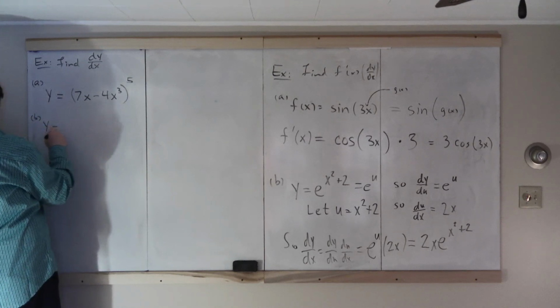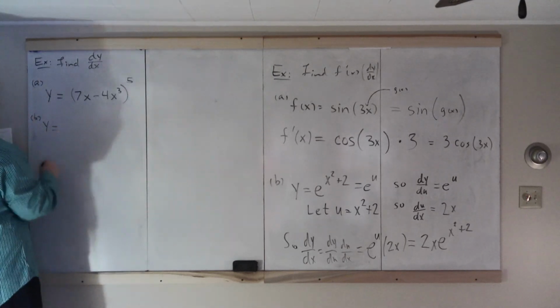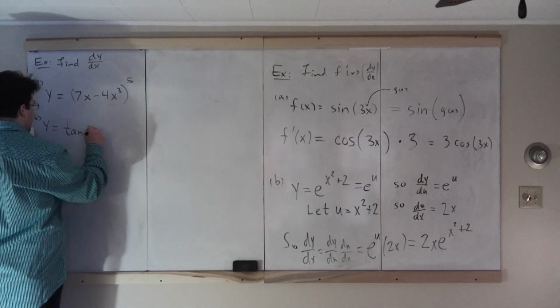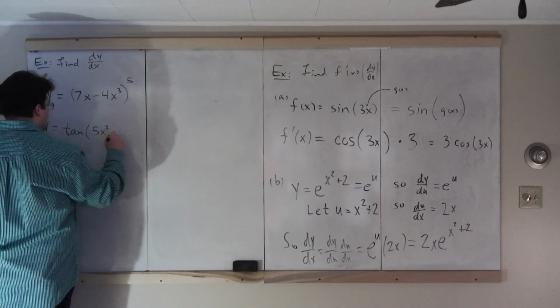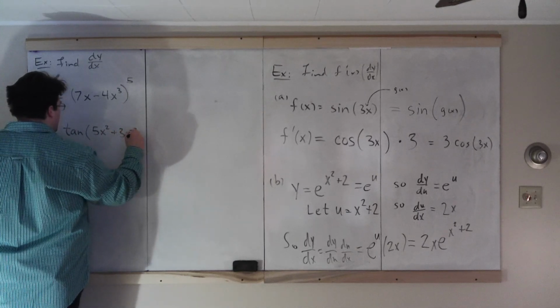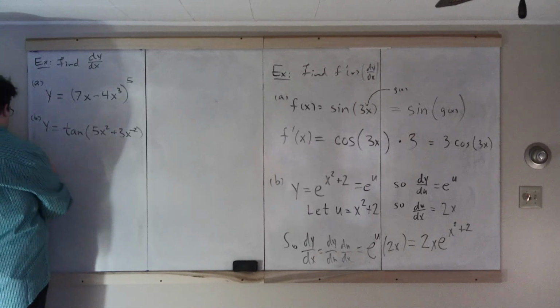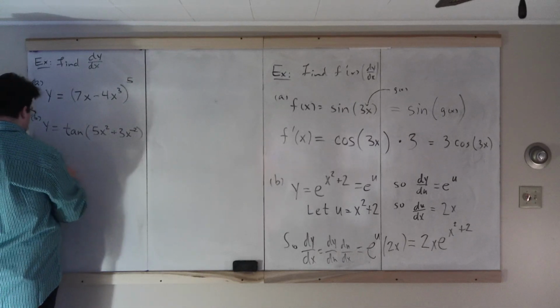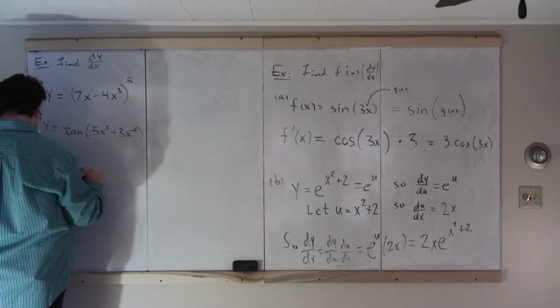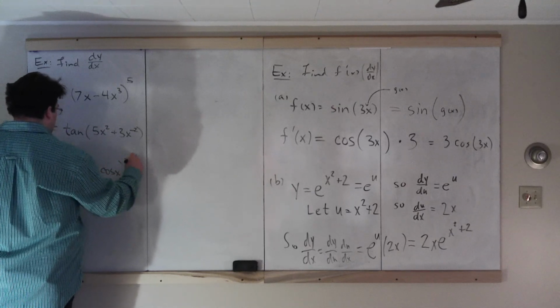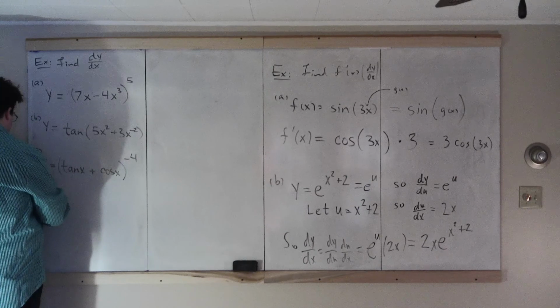B. Y equals tangent of 5x squared plus 3x negative 2. C. Y equals tangent x plus cosine x all to the negative 4.